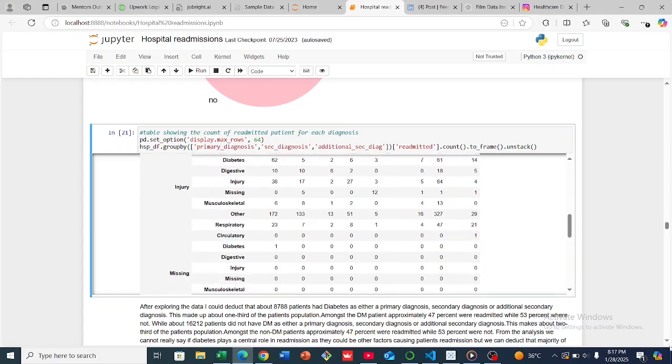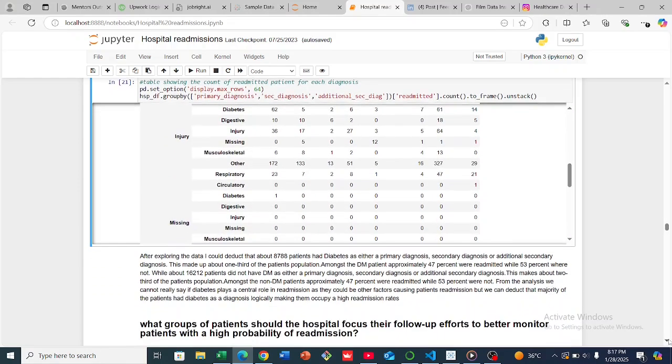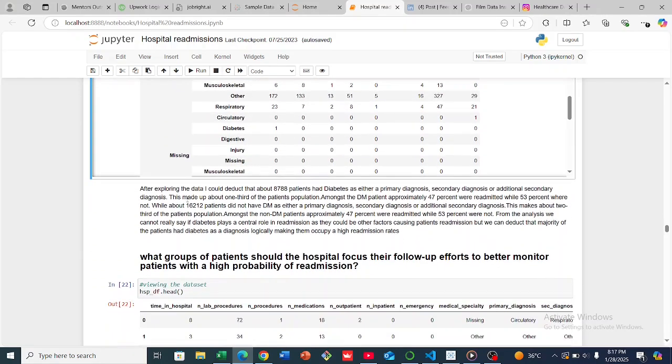Let me just give a summary of what my analysis was. After exploring the data, I could deduce that about 8,788 patients had diabetes as either a primary diagnosis, secondary diagnosis, or additional secondary diagnosis. This made up about 1/3 of the patient population.